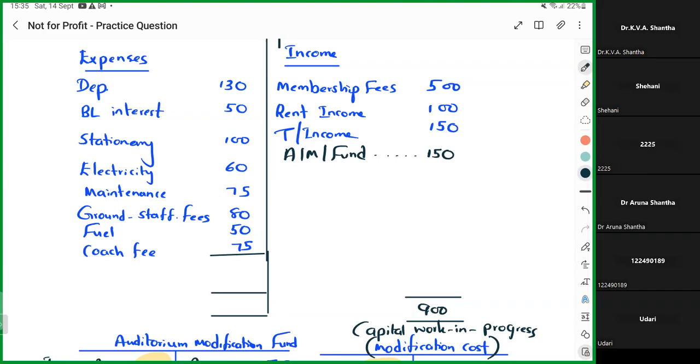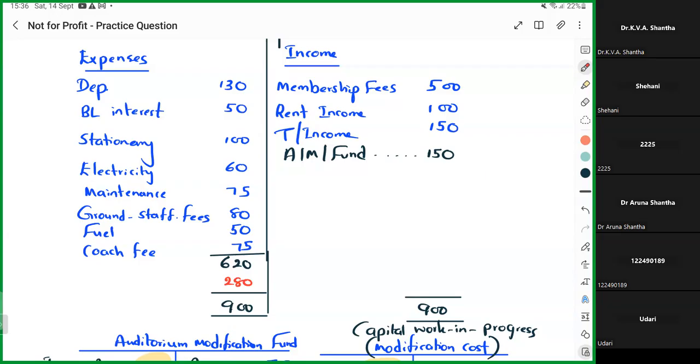620. You see income is higher than expenses. How much difference? 280. So if it is a business, you say profit.